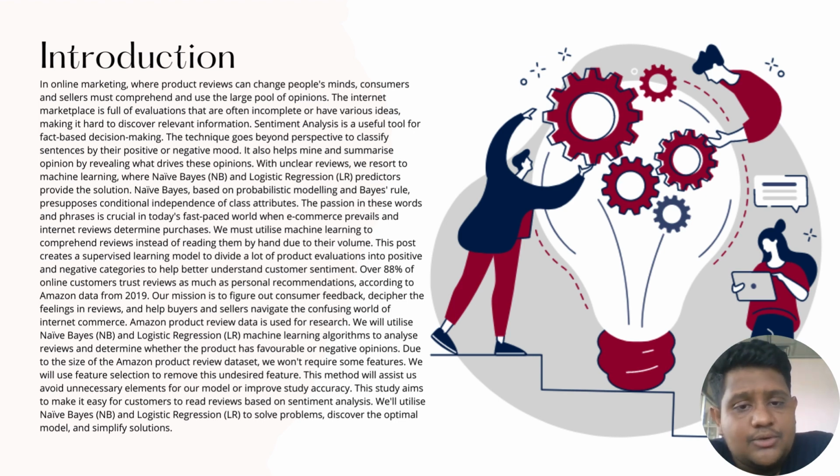With unclear reviews, we move on to machine learning, where naive Bayes and logistic regression will predict or give a clear view of what the review says in a positive or negative way. The passion in these words and phrases is very crucial in today's fast-paced world, where e-commerce prevails and internet reviews determine purchases.